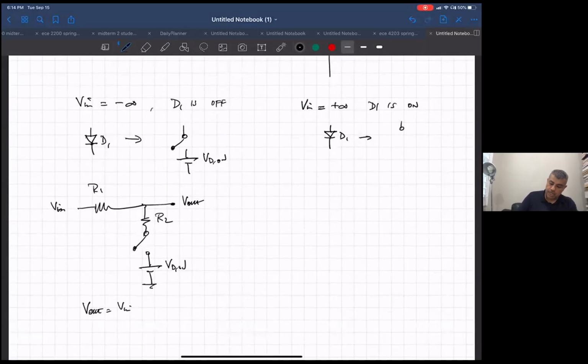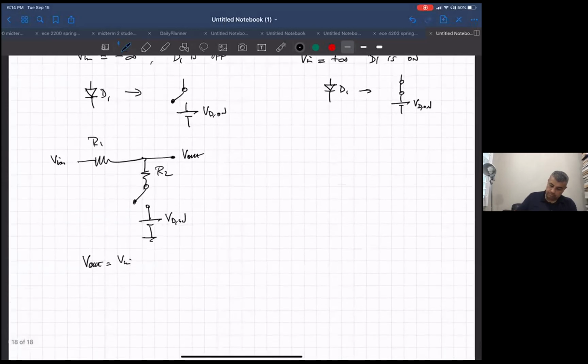So we'd redraw it as a closed switch now with a battery across it. And now that battery does matter.